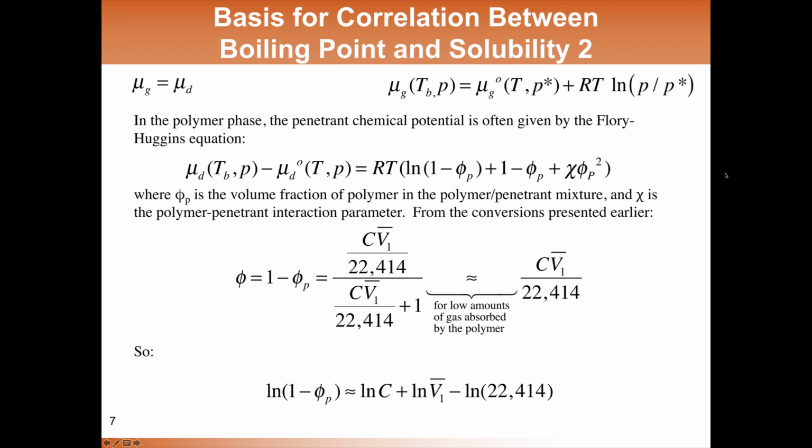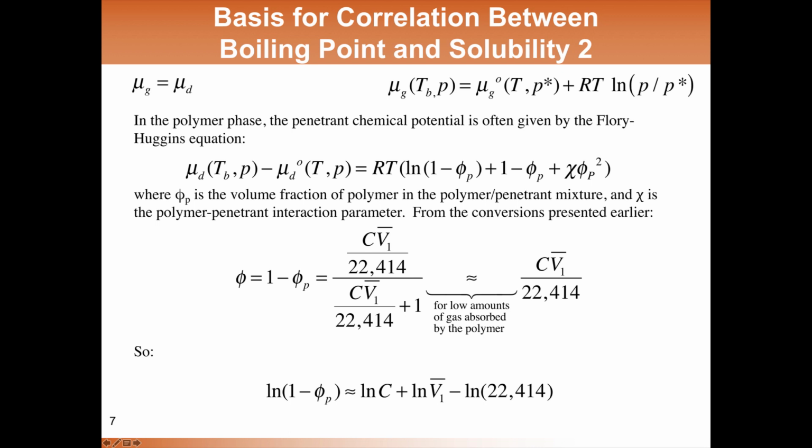And so the expression for the chemical potential of the gas in the dissolved phase at the boiling point of the penetrant, pressure P, relative to the reference conditions, and I need a P star here to make this compatible so that we have the same reference state for both the gas and the dissolved phase.